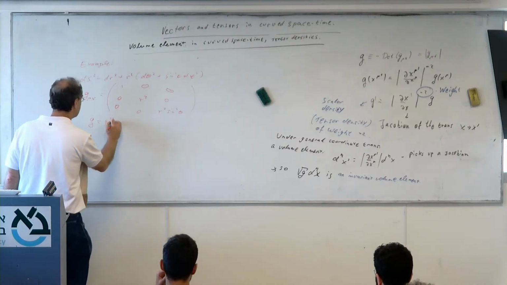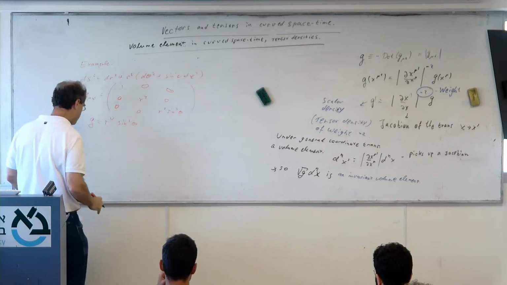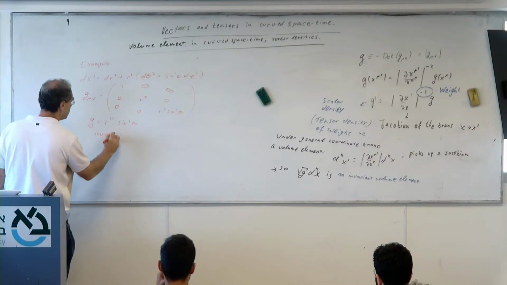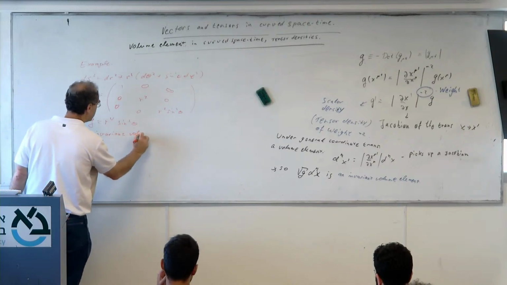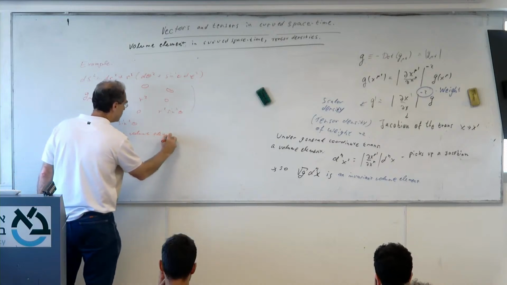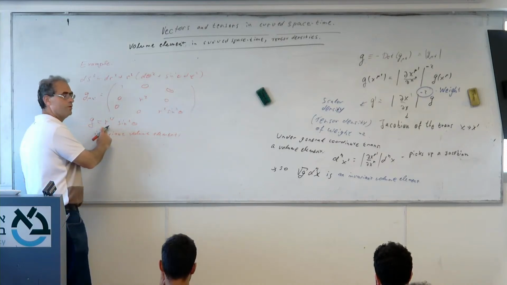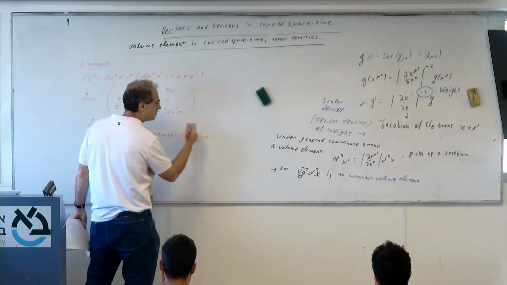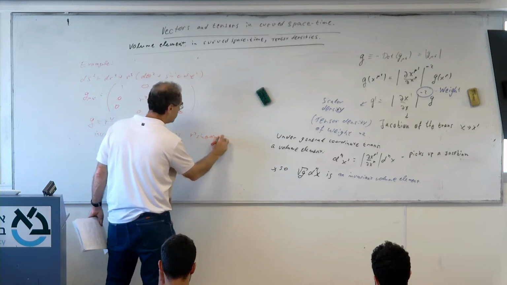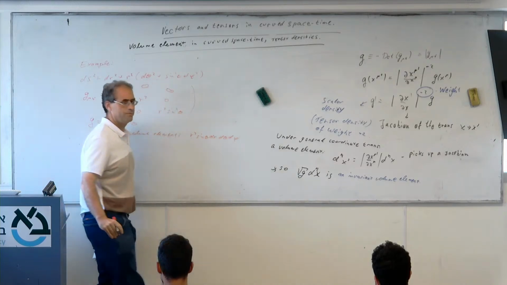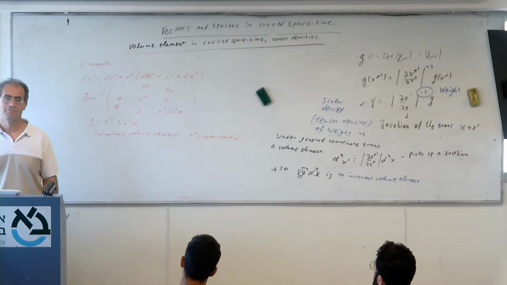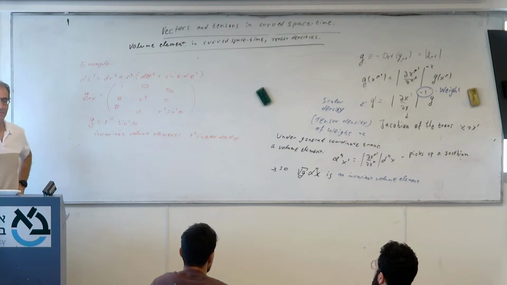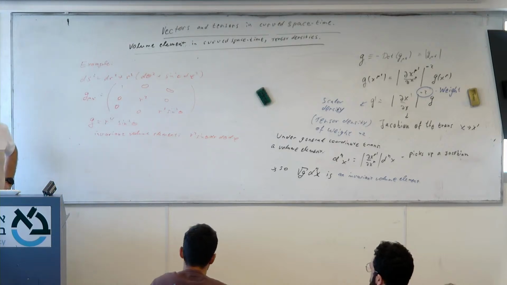What is an invariant volume element? Take the square root. So this is r squared sine theta, and then dr d theta d phi. You fine? Okay. I told you that you know that. Now you know why you know.